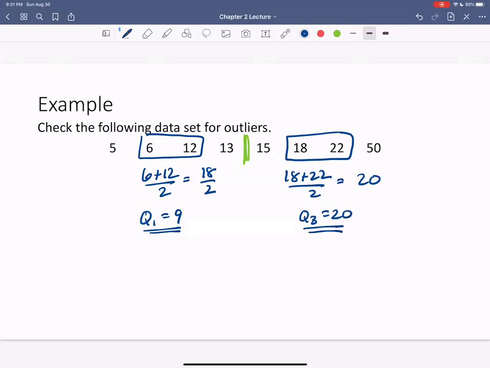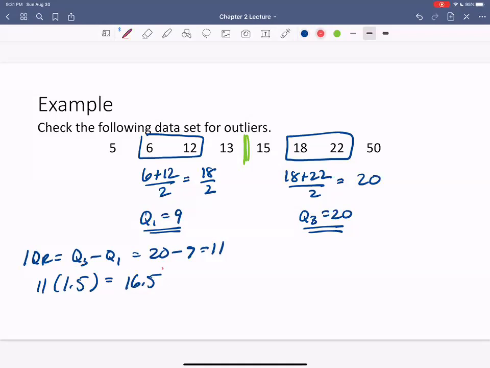Next we need to find the IQR. The IQR is quartile 3 minus quartile 1, so 20 minus 9, which is 11. This is all step 2. Now step 3 says to multiply this value, so I'm going to take 11 and multiply by 1.5. This gives us 16.5. We're going to subtract it from quartile 1 and add it to quartile 3.